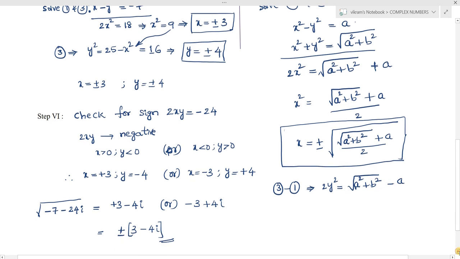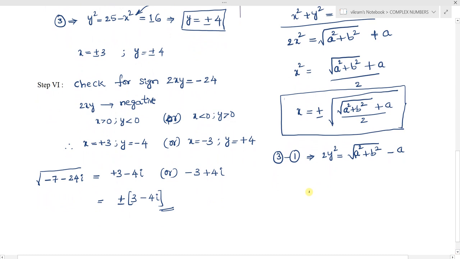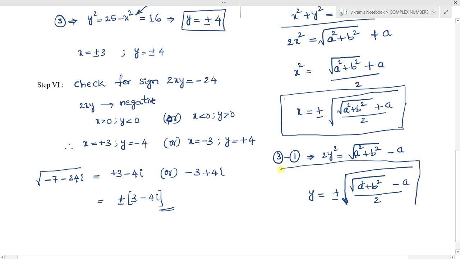Then finally we can write y equals plus or minus square root of square root of a square plus b square minus a by 2. Now we obtain x equals plus or minus and y equals plus or minus.